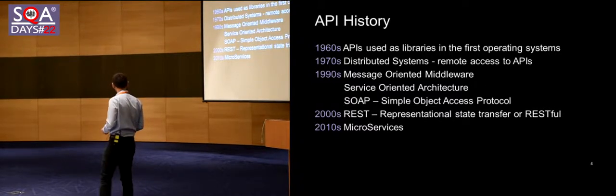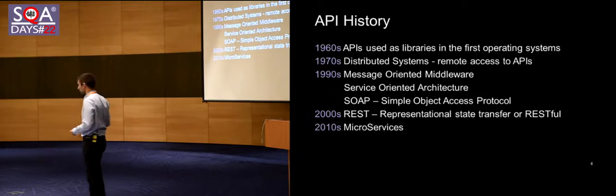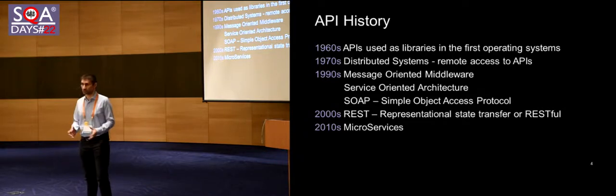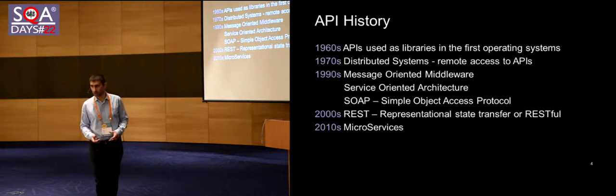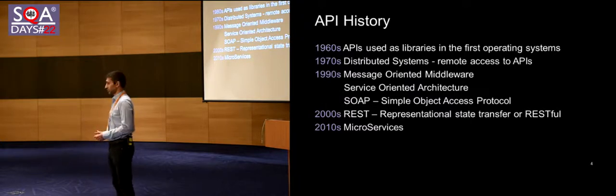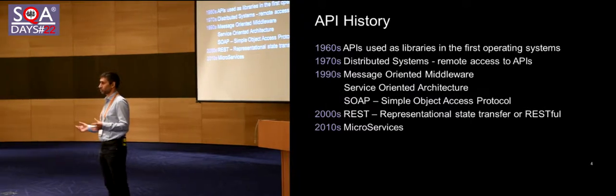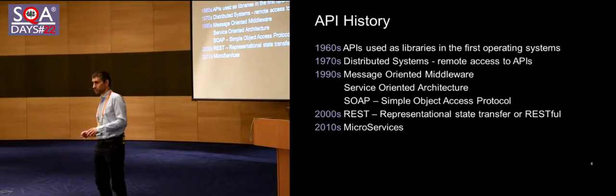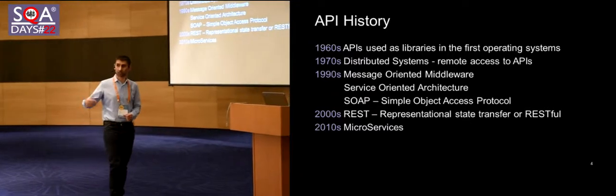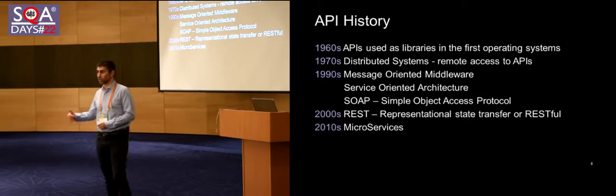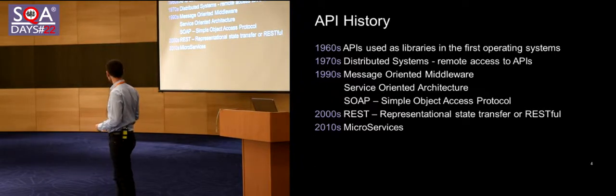Later on, in the 70s, with distributed systems, we started to have the same concept, but for remote access. So it was possible not just to connect to the local hardware and local APIs, but also to remote services on remote computers.